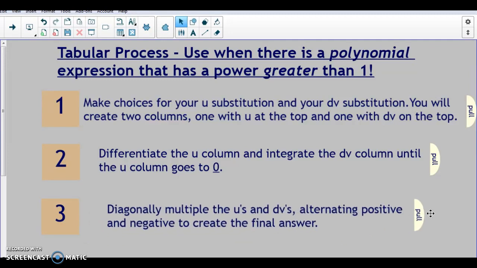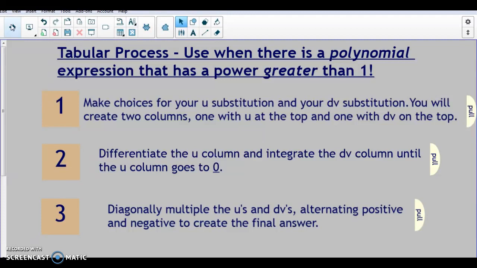Then you will diagonally multiply the u's and dv's together, alternating their positive and negative signs for your final answer. This won't make a lot of sense until you see the example, but write the steps down so at least you have them, and then you can use them to go back and look at the example.